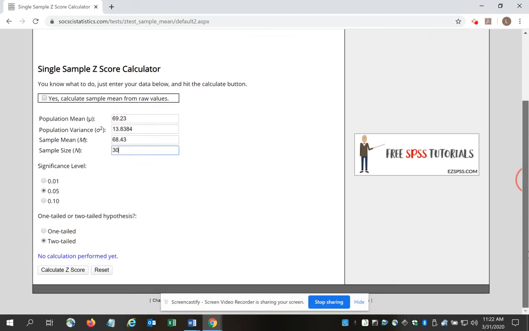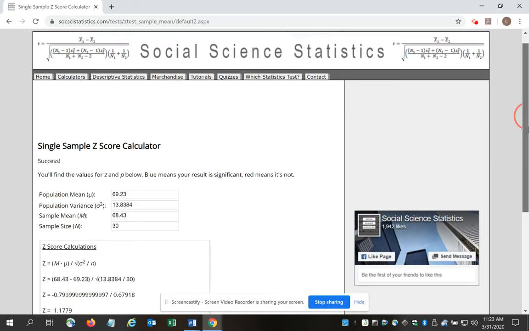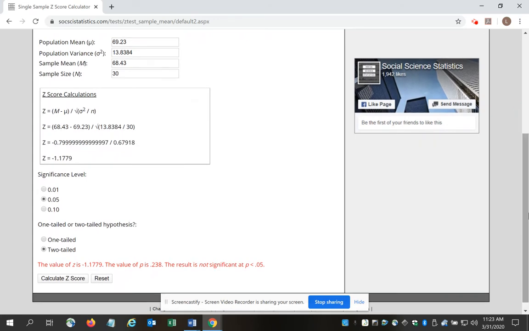We're using 0.05, and it was a two-tailed test. And then I click calculate. And again, I scroll to the bottom, and I get the value of Z is negative 1.1779, and P is 0.238.